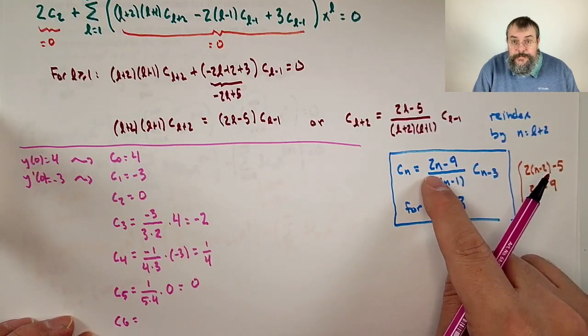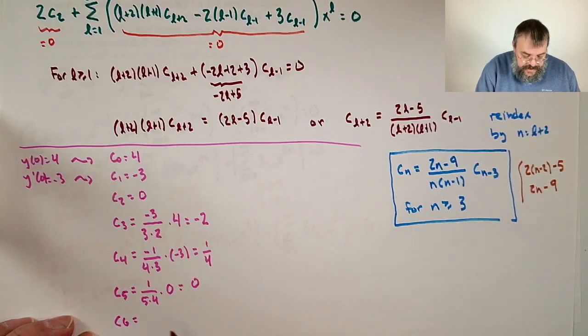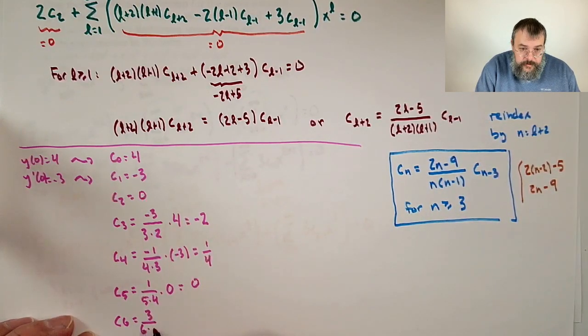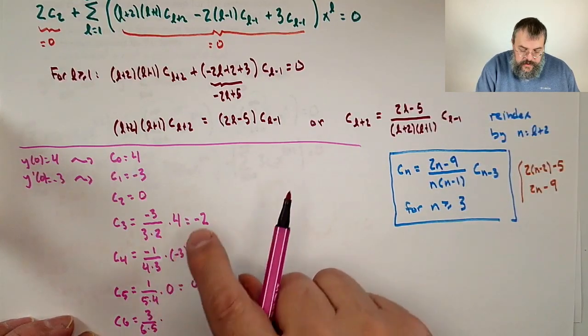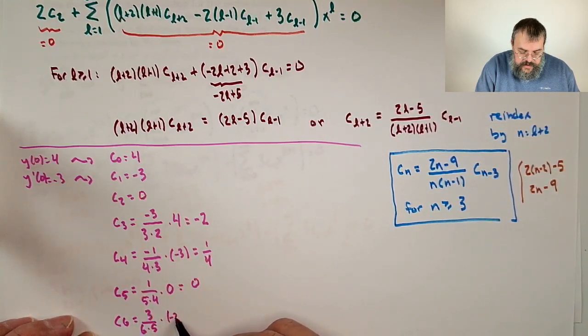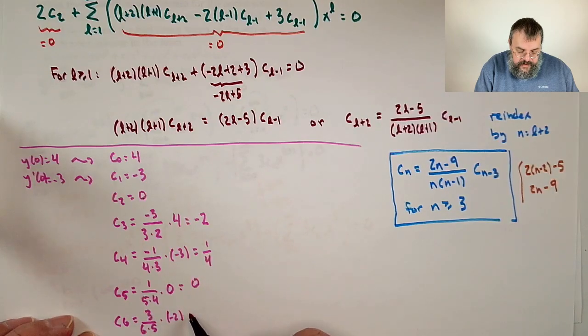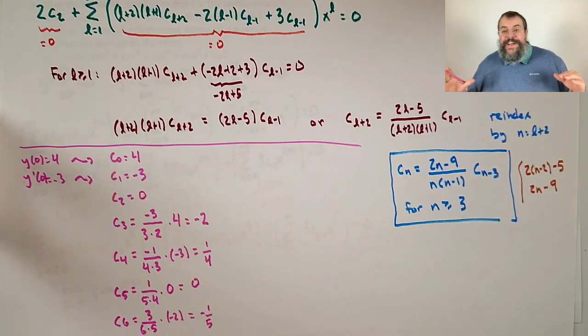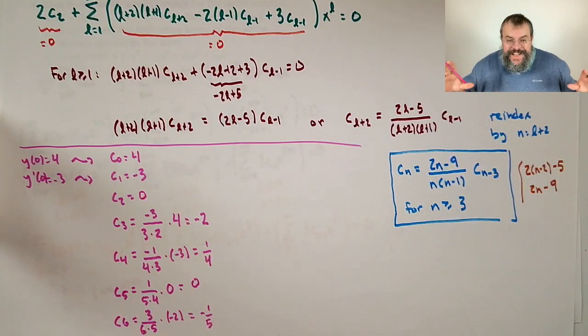Well, 12 minus 9 makes 3, over 6 times 5, times C3, which is negative 2. So you get 6 upstairs, that cancels the 6 downstairs, and you end up with minus 1/5. All right, and now we stop.